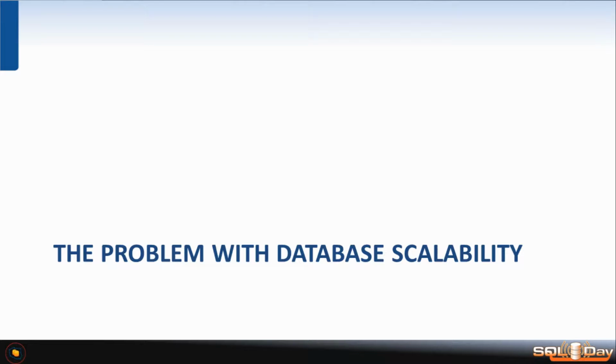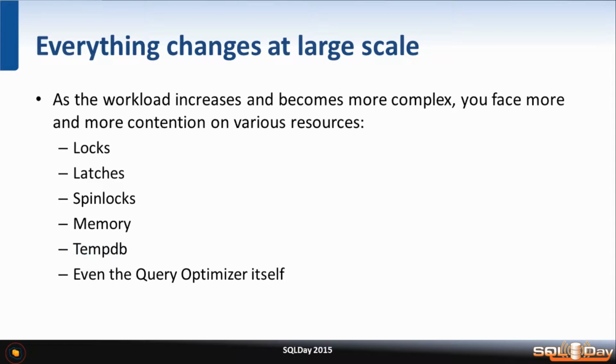So the problem with database scalability, and I'm talking specifically about SQL Server because there are solutions for other database platforms, which very often have different characteristics, is that everything changes at large scale. Something that works perfectly well at 500 users will tank at 1,000 or 1,500 users.